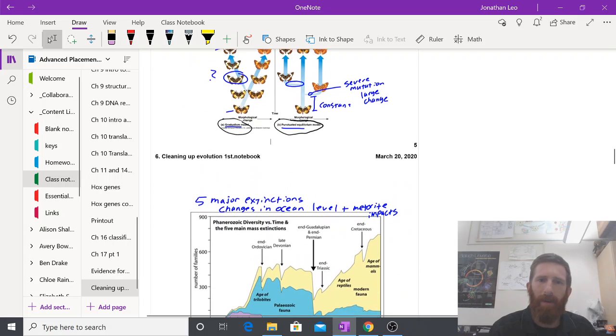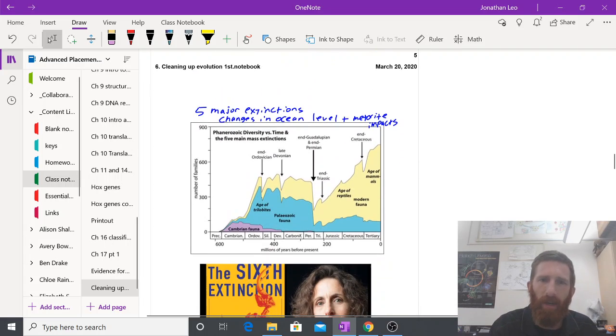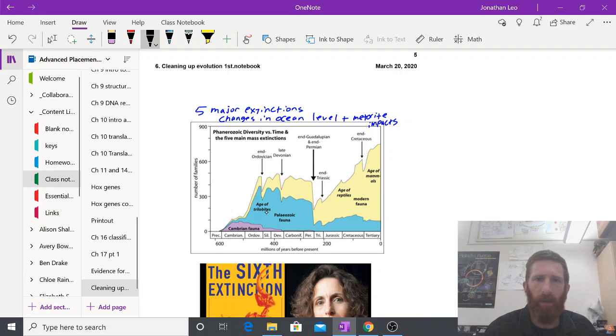And then thinking about major catastrophic changes, as we look back in the fossil record, there have been 5 major extinctions, and this is due to changes in ocean level and meteorite impacts and different things like that.